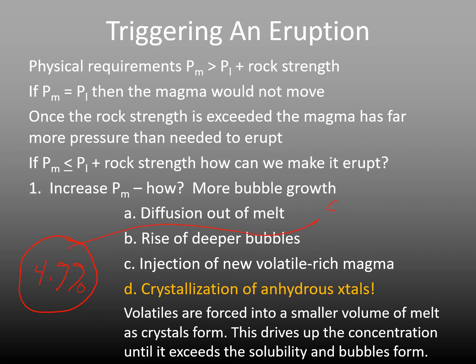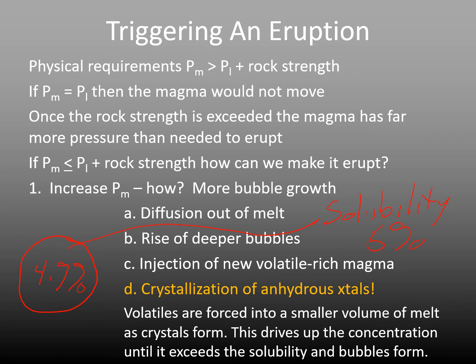Now let's say the solubility of gases in your magma is 5%. What that means is that your magma can dissolve 5% gases in its liquid. Anything more than that, it's going to form bubbles.